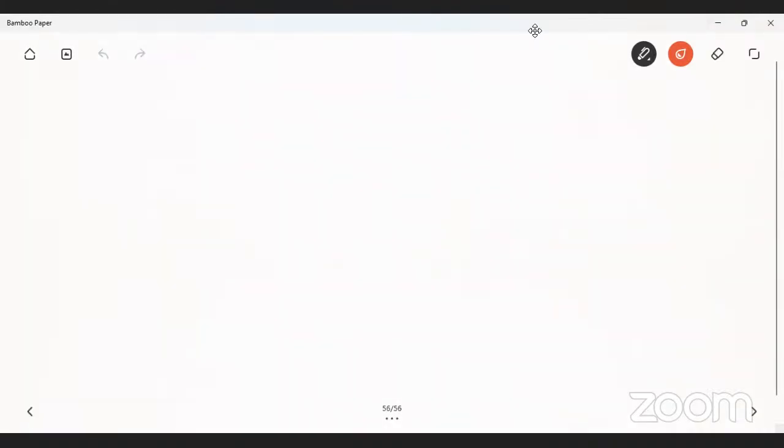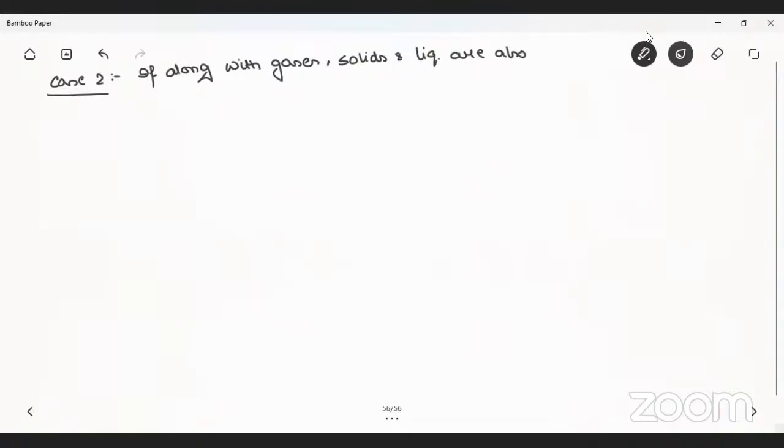Now, case 2. What is case 2? Case 2 is if along with the gases, solids and liquids are also present.